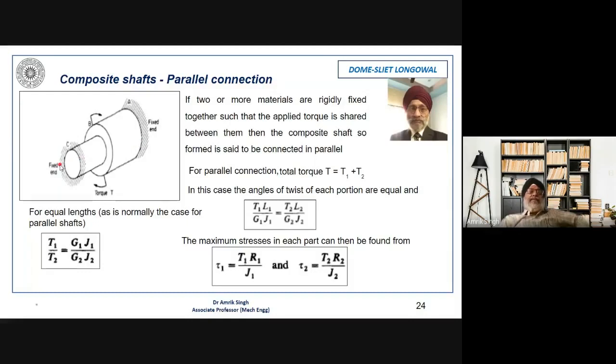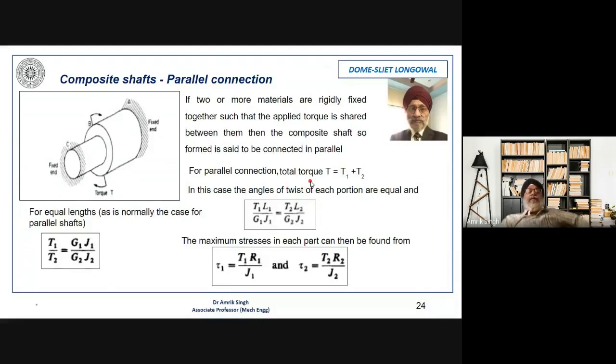But in this case, their angle of twist will be the same. The angle of twist calculated from the torsion formula is T1 into L1 upon G1 into J1. This is equal to theta1, and this should be equal to theta2, that is T2 into L2 upon G2 into J2.